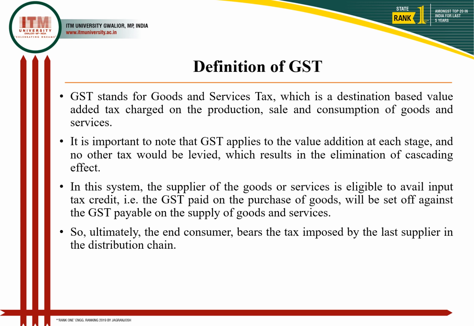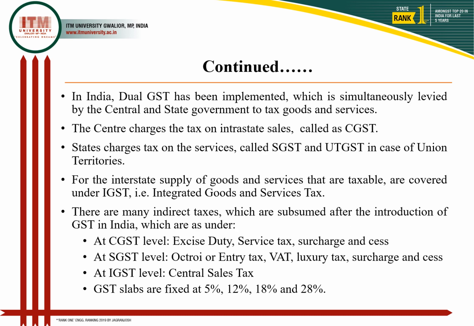Ultimately, at the end, the end consumer bears the tax imposed by the last supplier in the distribution chain. So that is the final GST that is going to be applied over the consumer. So this is the GST.